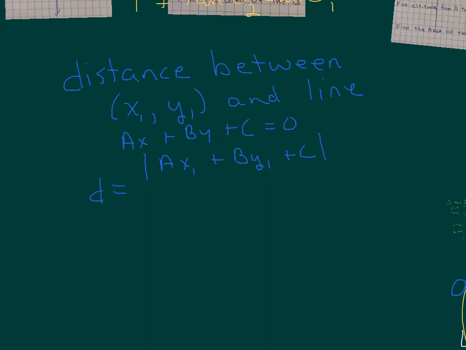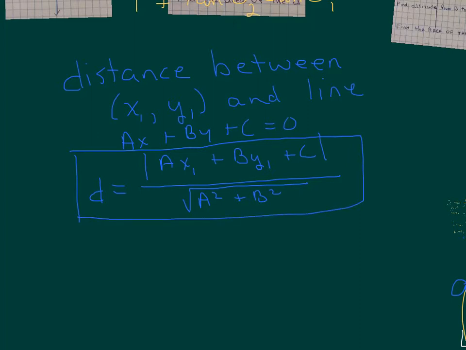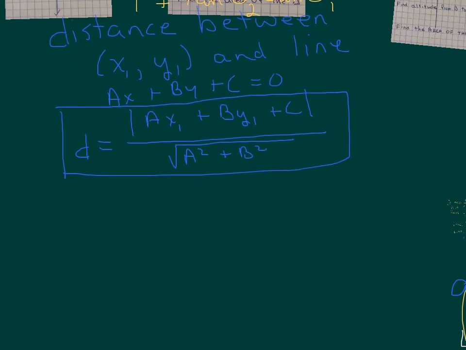And you take absolute value, because the distance is always positive, over the square root of a squared plus b squared. So this is a formula that we'll be using to find the distance between a point and a line.